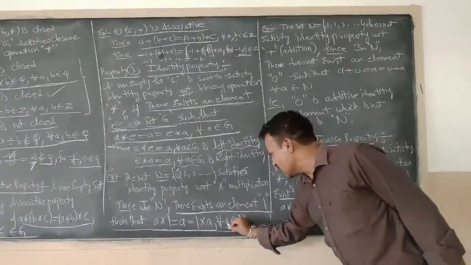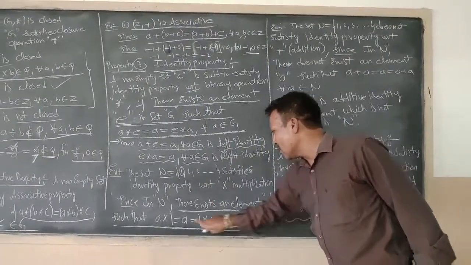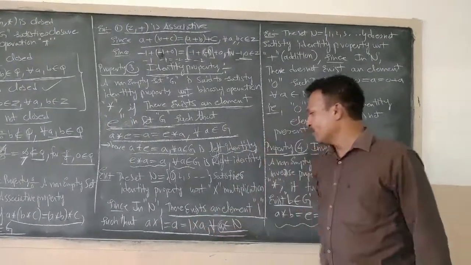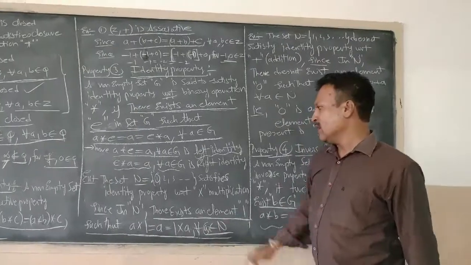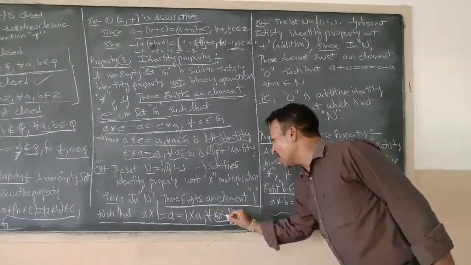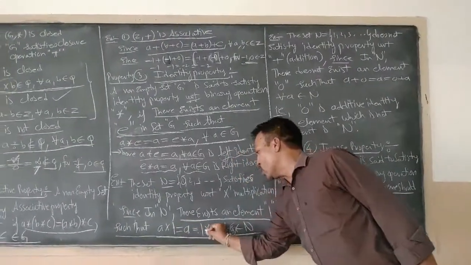Right. In this place of A, if I take 2, for 2 belonging to N, 2 into 1 is equal to 2 is equal to 1 into 2. If I go for 3 instead of A, 3 belongs to N, 3 into 1 is equal to 3 is equal to 1 into 3.